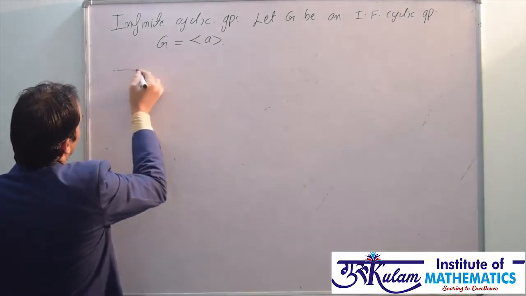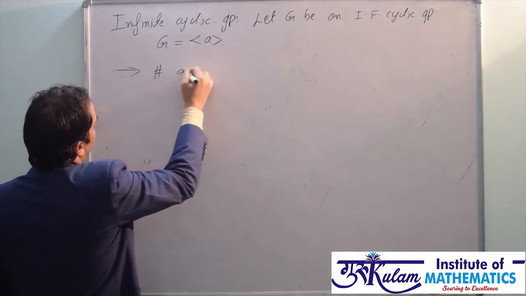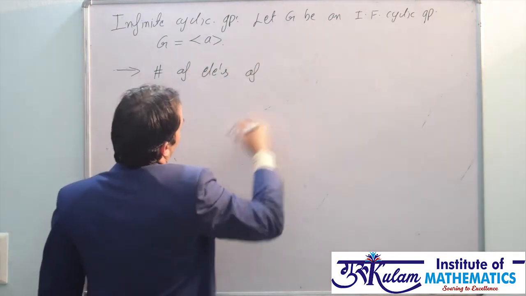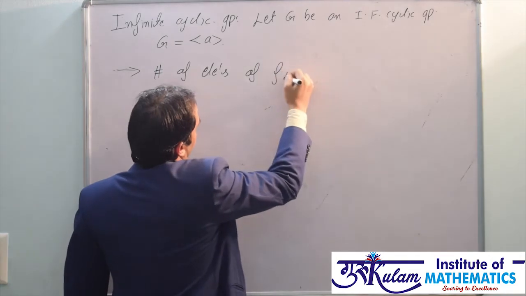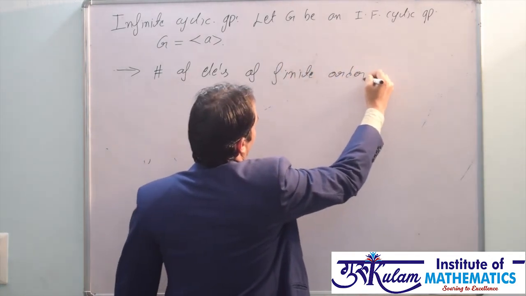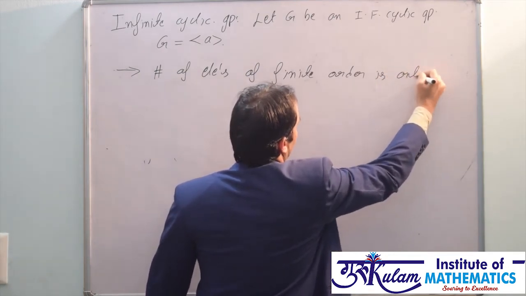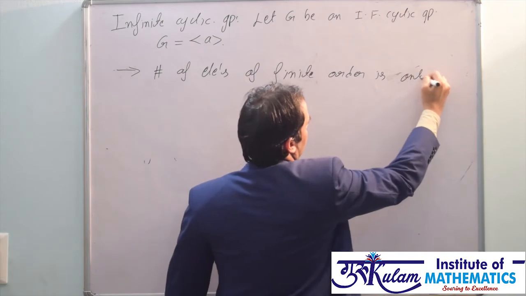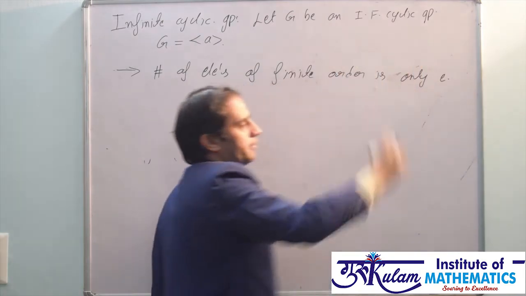Next property is the number of elements of finite order is only the identity element.